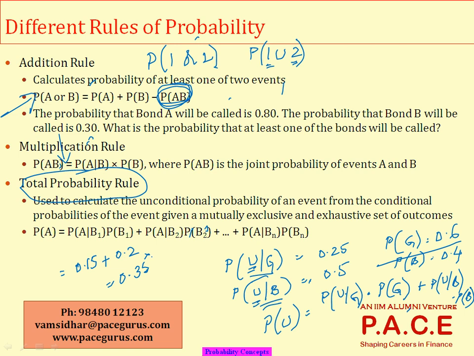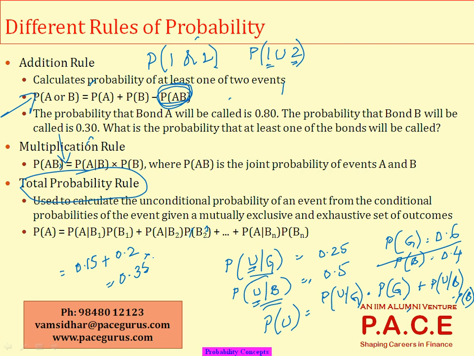Out of that probability, if the economy is really good, it will be only 25%. If it is really bad, it can go up to 50%. But overall unconditional probability of unemployment is 35.